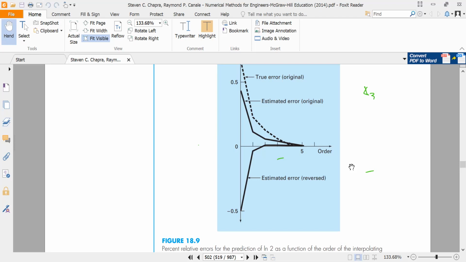So you can start with first-order linear, predict the value, then increase your polynomial order by 1, and then again estimate the value.